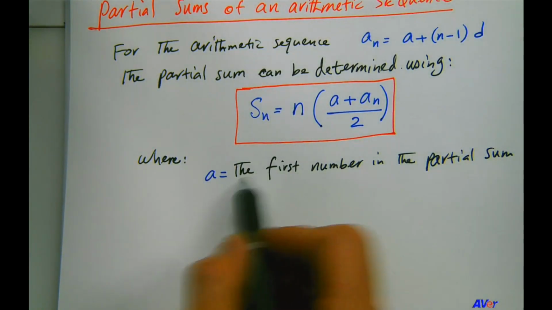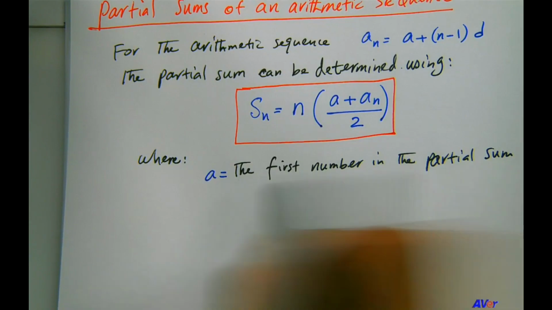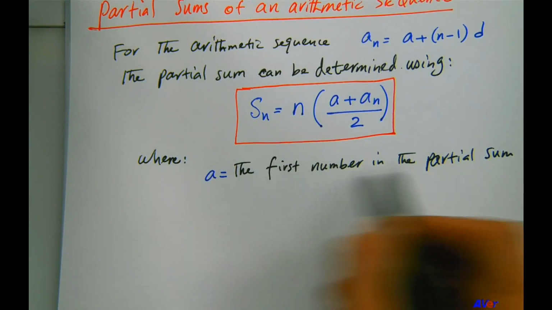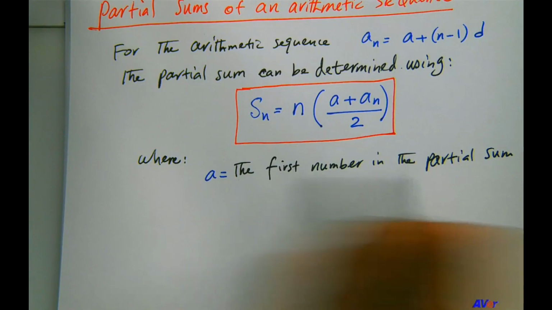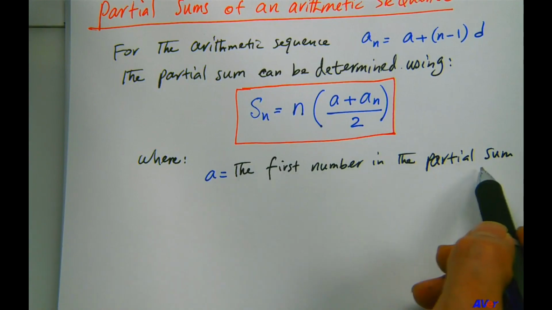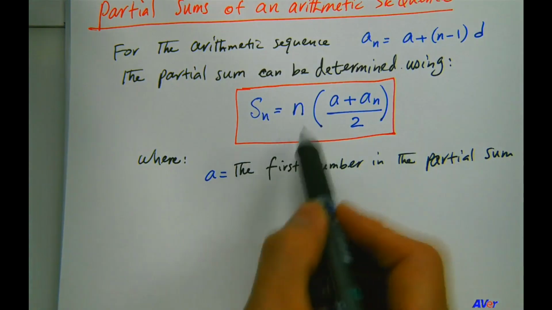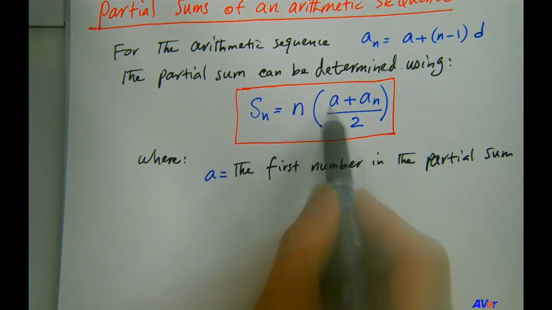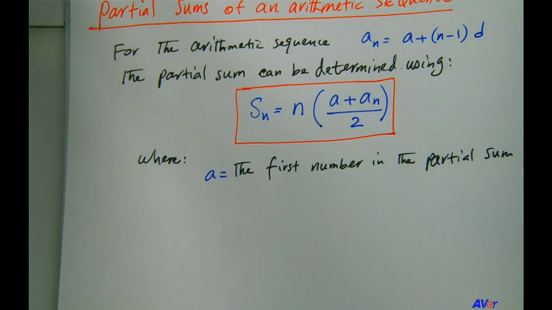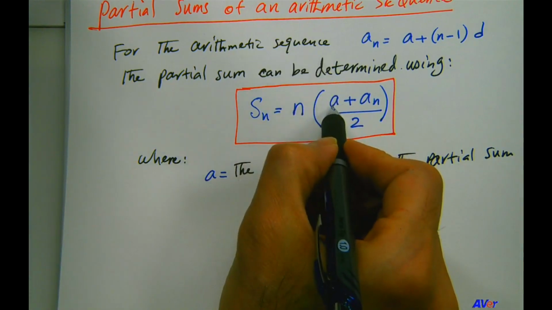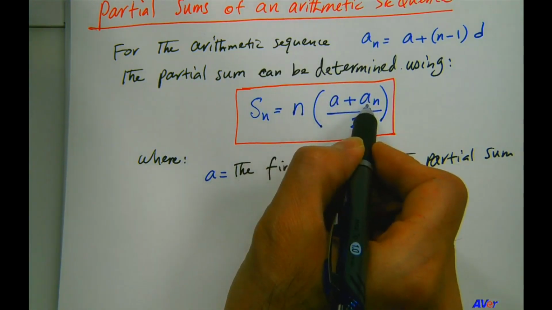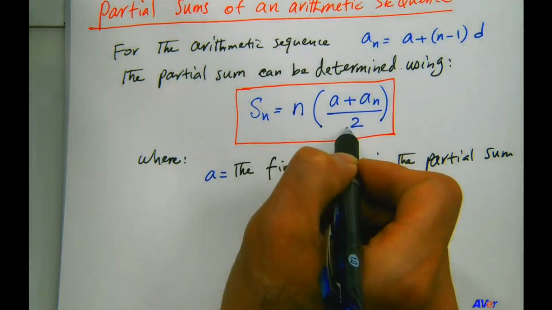Take a careful look at this definition. It doesn't say the first number in the sequence, it's the first number in the partial sum. So if you're adding digits 7 through 20, then the first number you include in this formula is the 7th digit, plus the 20th digit, and then divided by 2.